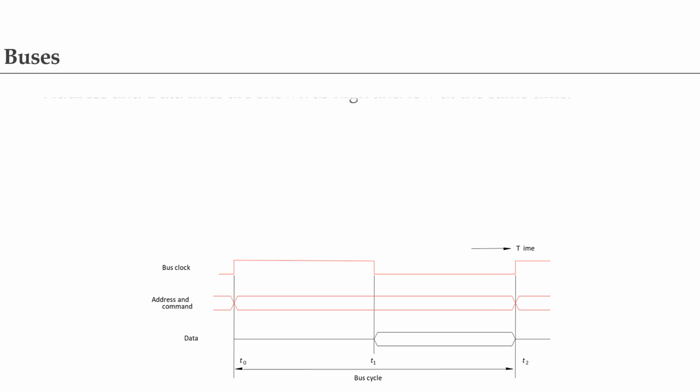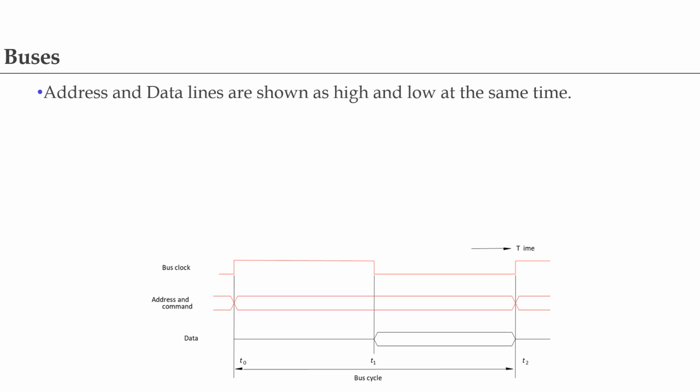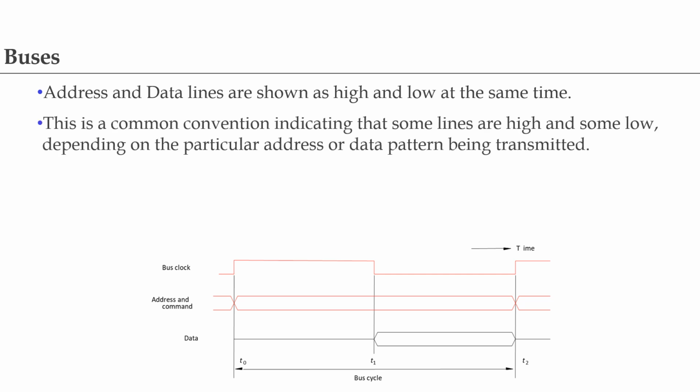In a synchronous bus, address and data lines can be either high or low at the same time. Different lines can represent different values simultaneously, allowing multiple bits to be transmitted at once. This representation helps visualize the bus activity, making it clear that some lines are high while others are low, depending on the data or address being sent.